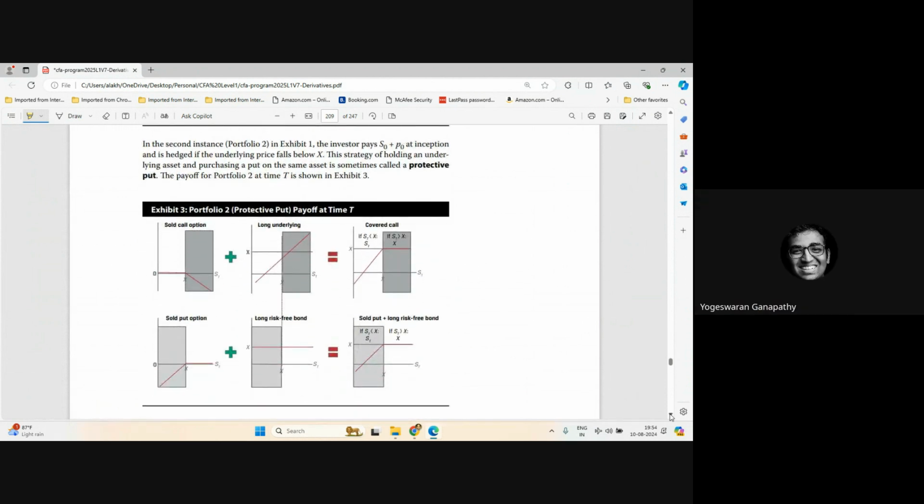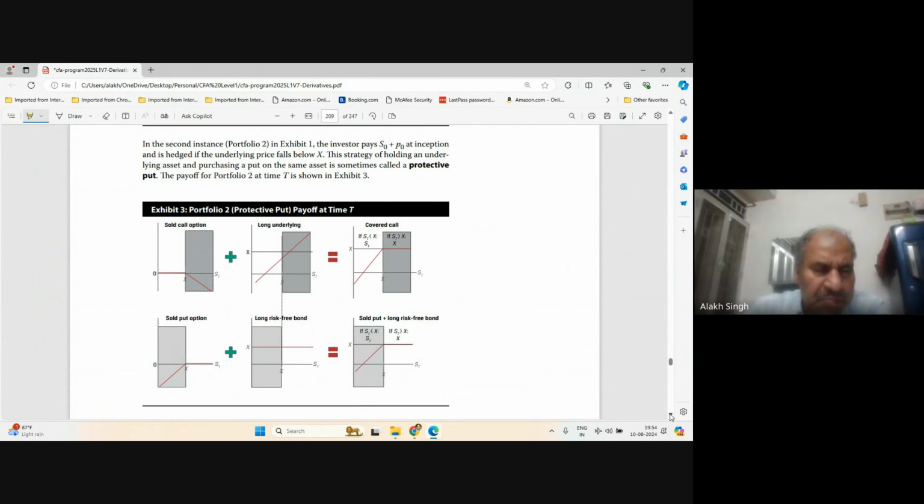Sir, what is the meaning of the fiduciary that's written there, sir? Yes, fiduciary call, that I was going to explain. A fiduciary call is C0 plus the present value of the bond purchase. So when we buy a risk-free asset whose face value is the exercise price, and a call, both, then it is called a fiduciary call. And when we buy S0 plus P0, meaning the stock or underlying and a put also, then it becomes a protective put.